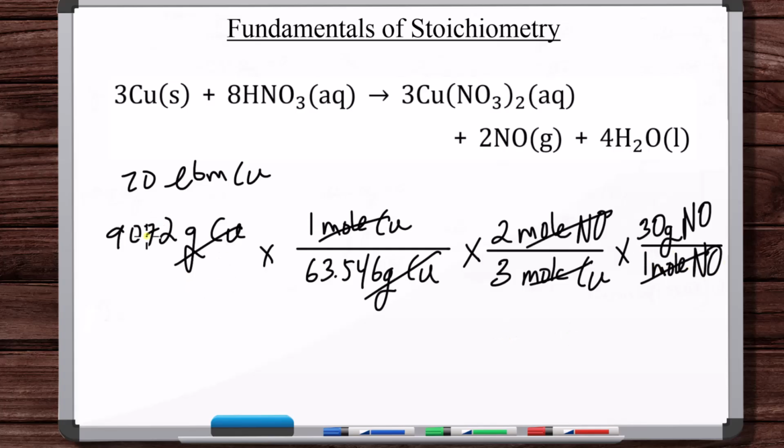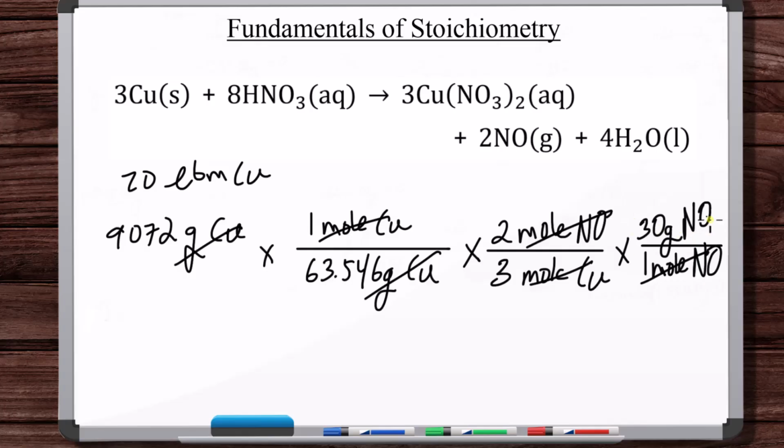So now if we multiply all of this, 9,072 times 2 times 30 divided by 63.54 divided by 3, the result is grams of NO. It's telling you that if 20 pounds mass of copper is fully consumed in this reaction, then that many grams of nitric oxide gas are going to be produced.